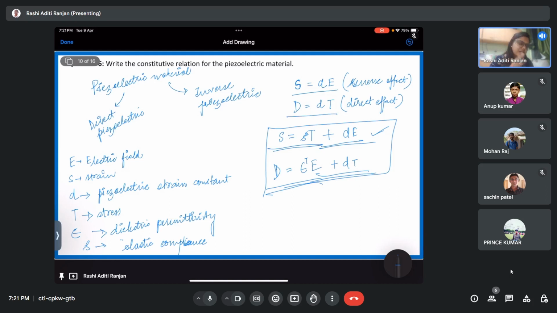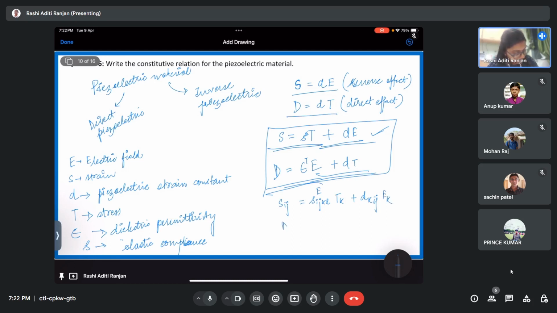So in that case, we write it in tensor form as S_ij equals small s_ijkl at a constant electric field, times T_kl, plus d_kij E_k.